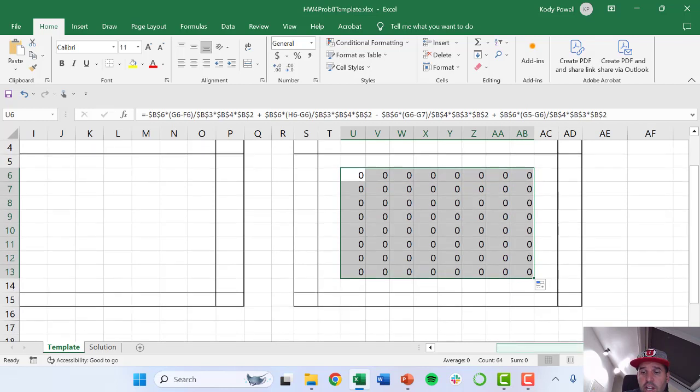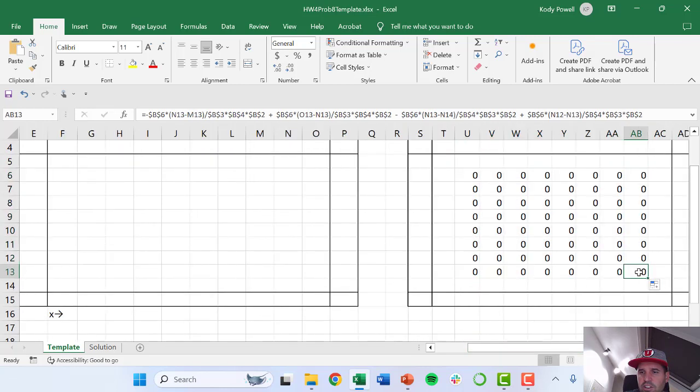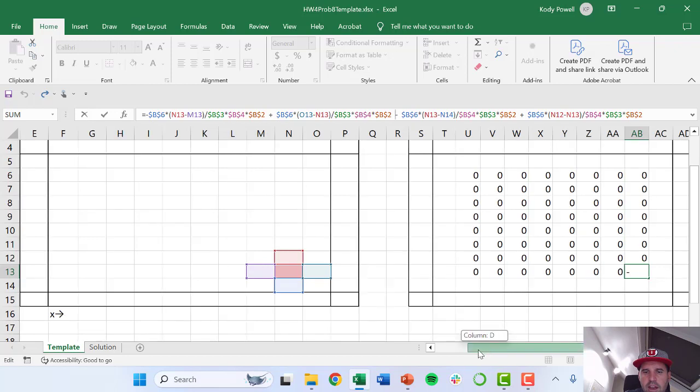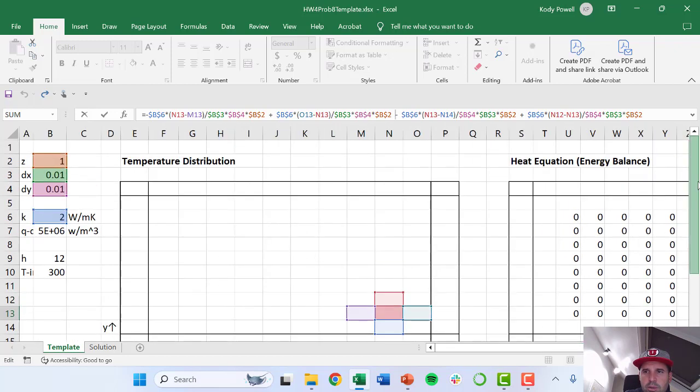And what I want to do to check myself is use this nice feature of Excel where I can hover over the equation, I can click on it, and I can just make sure this particular cell, see how it gives us this little cluster of temperatures that it's representing. I want my cell to be in the center of the corresponding temperature cell with these references like that. And then I want the other references to still be the same constant. So it looks like we did that correctly.